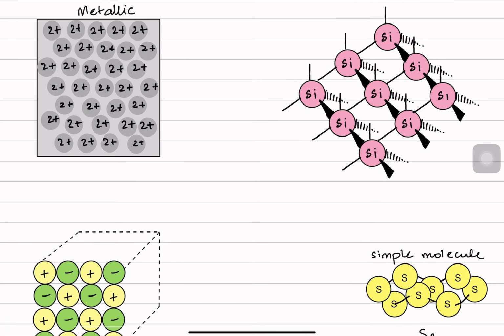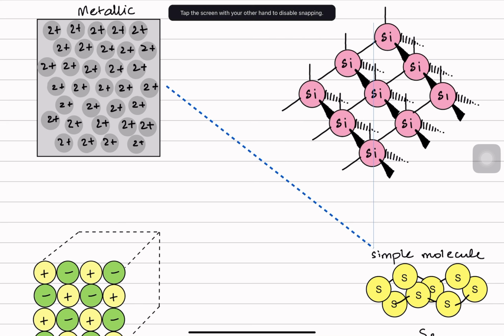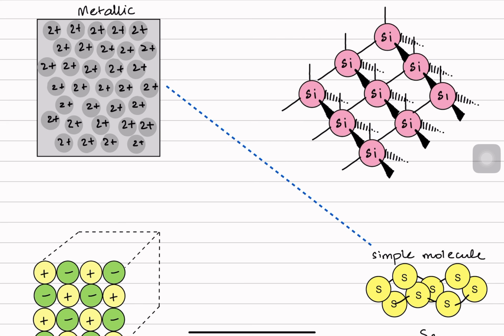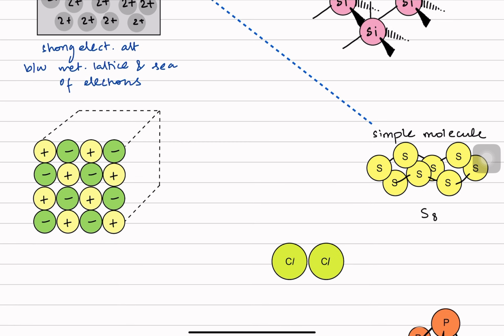If I were to draw a comparison between a metallic lattice and a simple covalent molecule like this, then my answer should involve reference to strong electrostatic attraction between the metallic lattice and the sea of electrons, and with reference to S8, I might end up saying that it's a simple molecule with weak intermolecular forces.